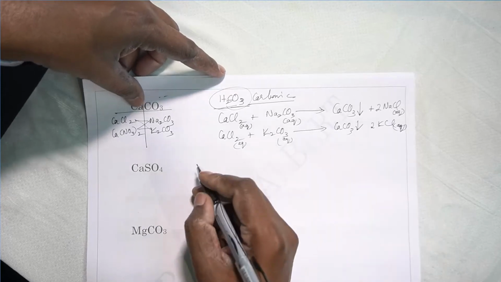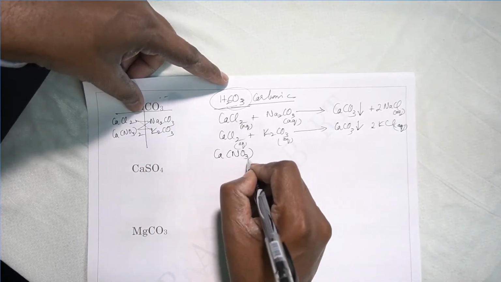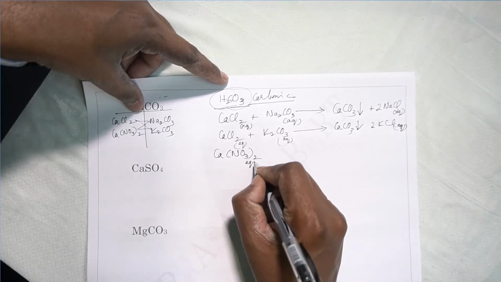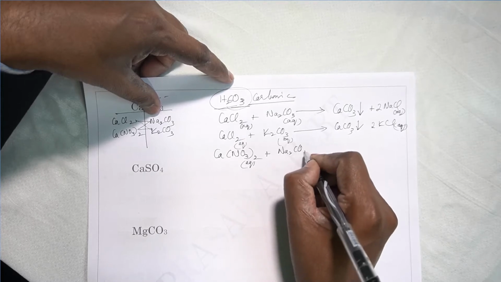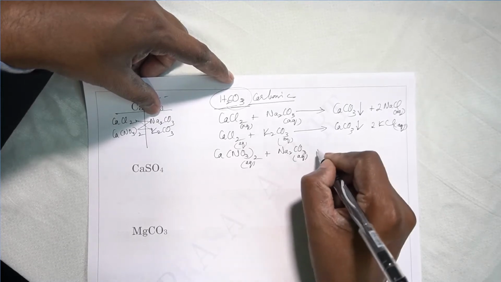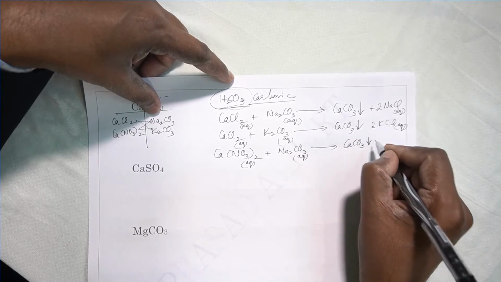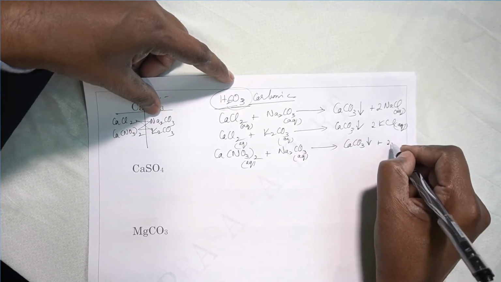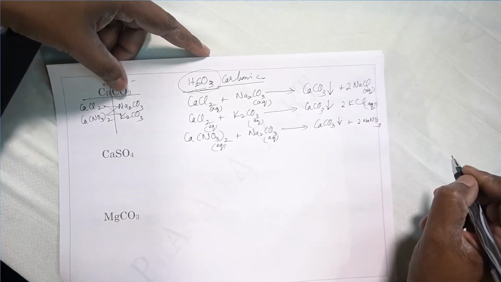Now the other 2 reactions are with calcium nitrate. We have calcium nitrate, Ca(NO3)2, aqueous, and Na2CO3, aqueous. Double decomposition gives CaCO3, insoluble precipitate, plus 2NaNO3, sodium nitrate.